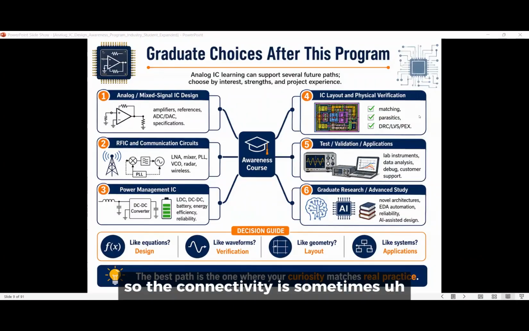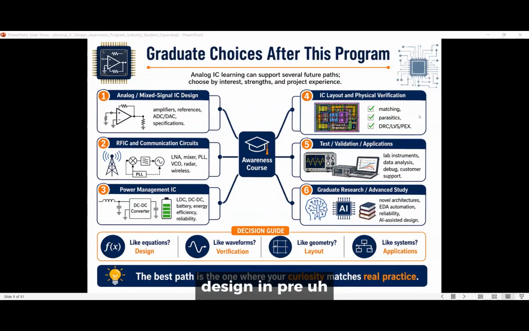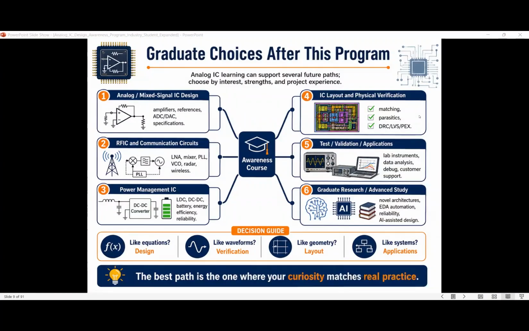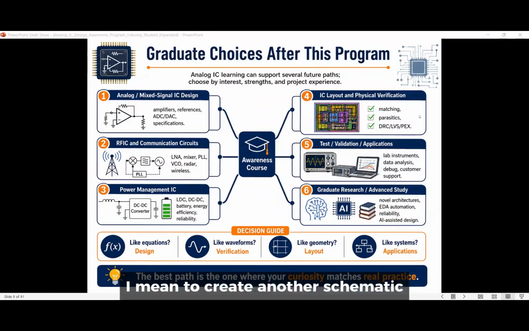So the connectivity is sometimes more difficult than you thought during pre-simulation. This allows you to communicate with the design engineer, to create another schematic so that you have more flexibility in connectivity between different blocks.